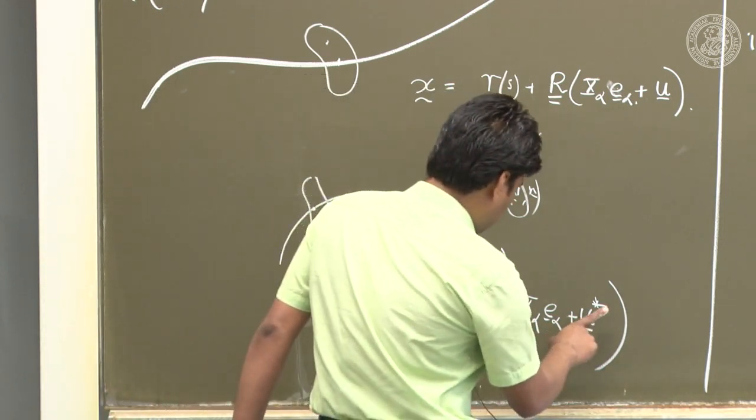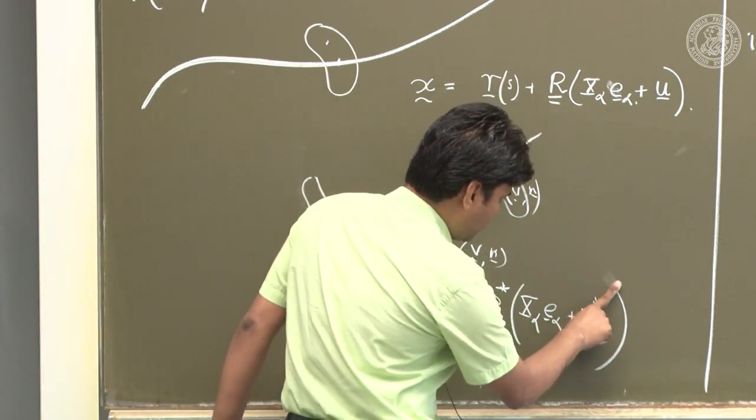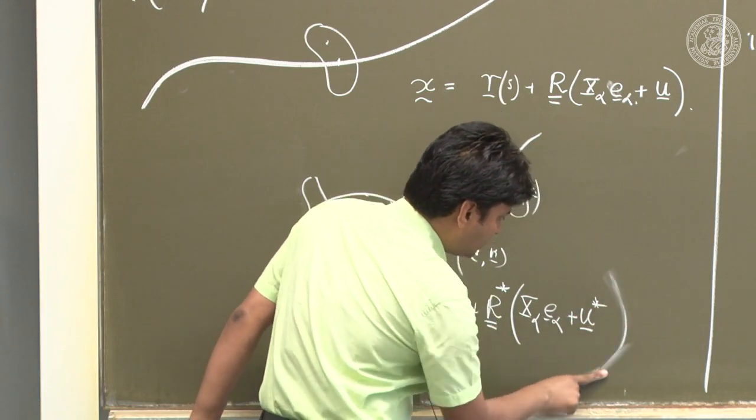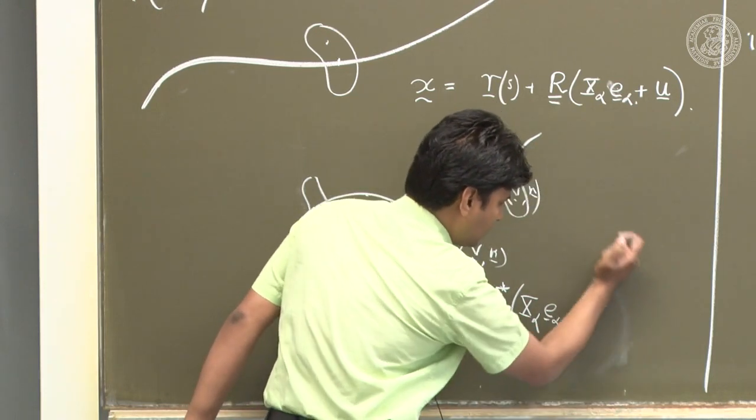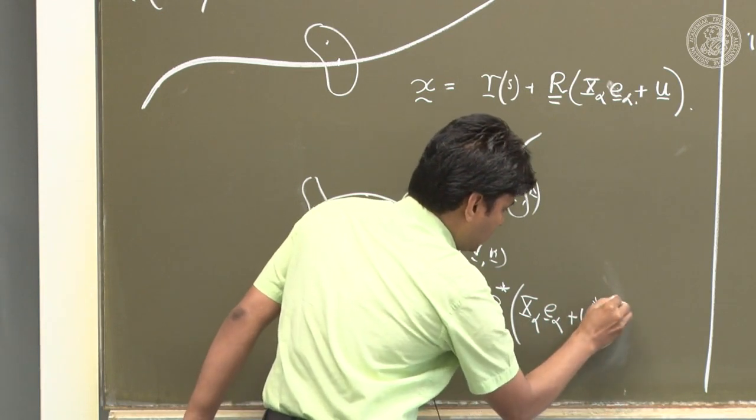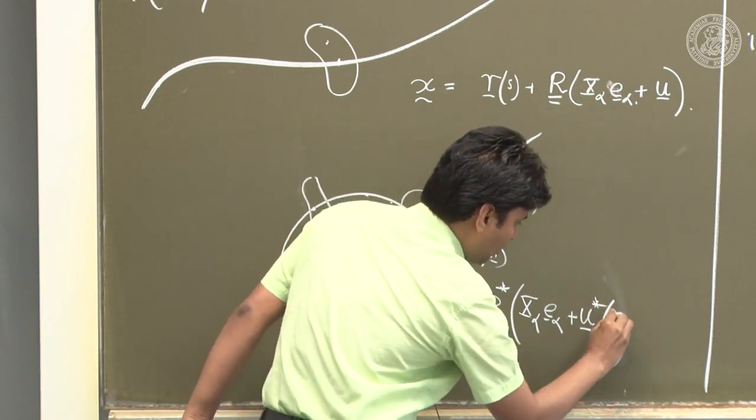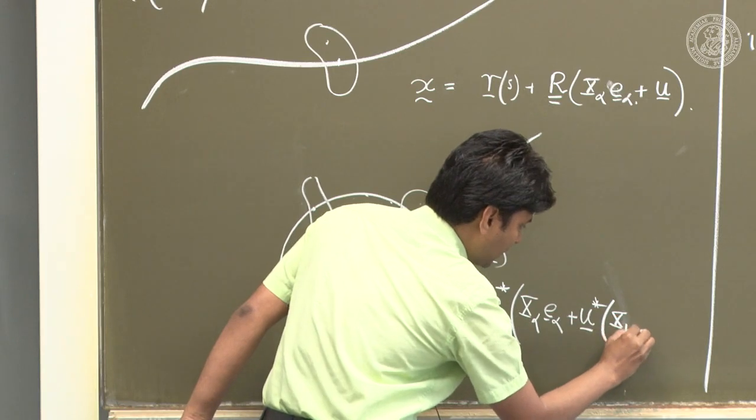Okay. So what that would mean is that this U star is then only a function of big X1 and big X2.